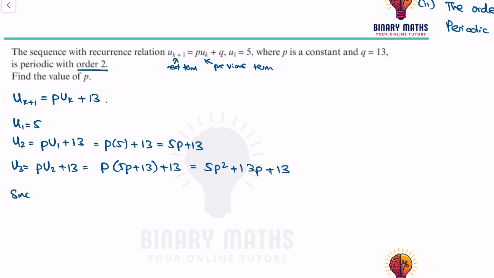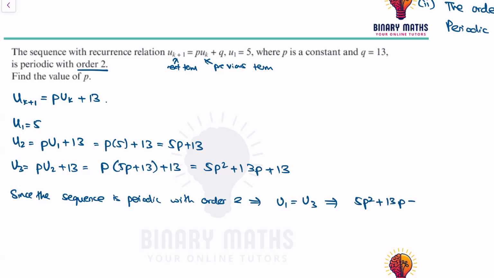Since the sequence is periodic with order 2, this implies U1 must be equal to U3, which implies 5P squared plus 13P plus 13 must be equal to 5.